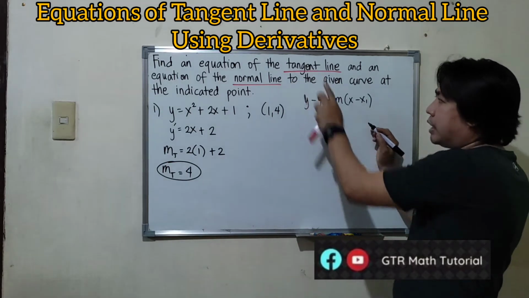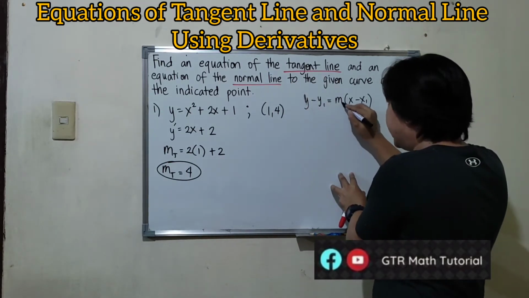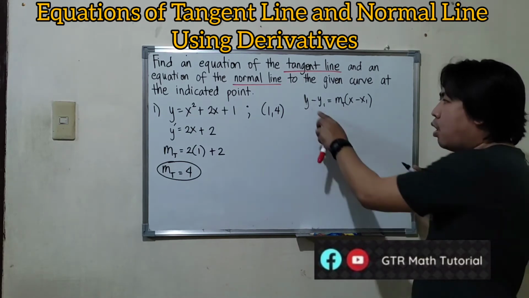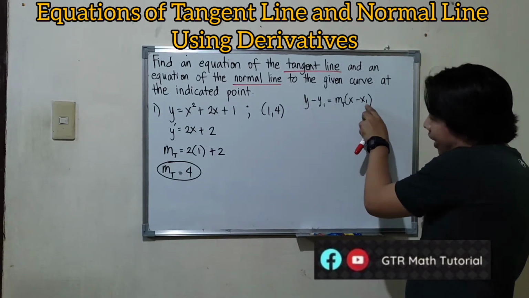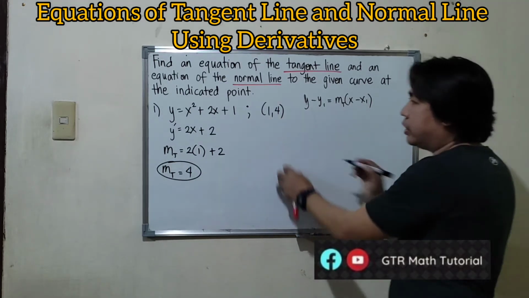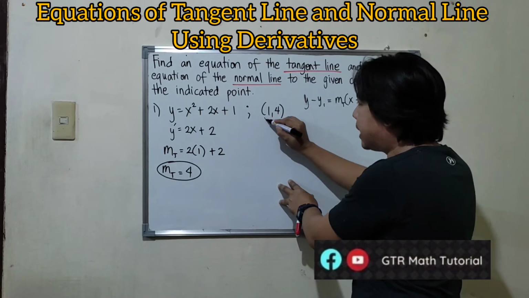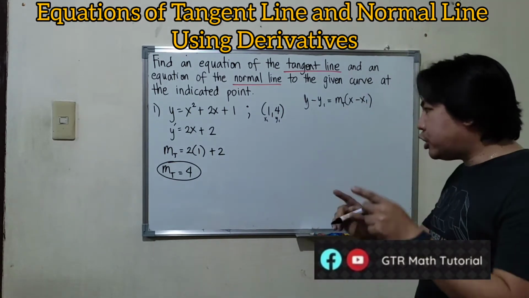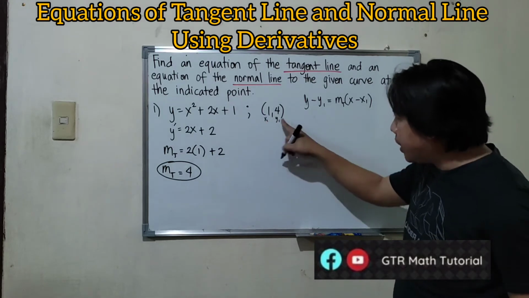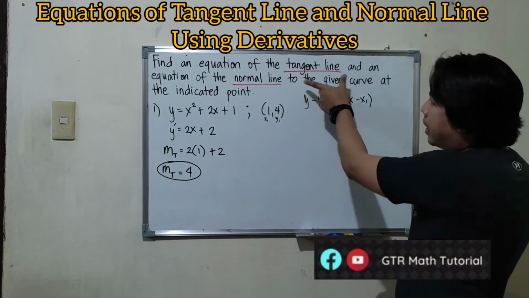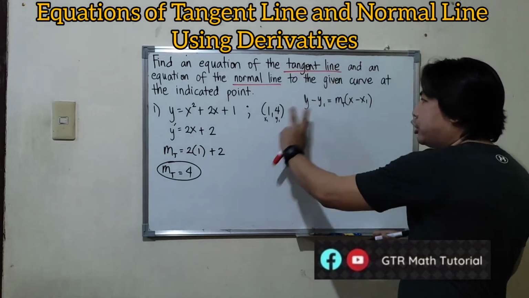For the equation of the tangent line, we use the slope of the tangent line, with subscript t. In this example, the given point 1, 4 gives us x sub 1 and y sub 1. So we have x sub 1, y sub 1, and a slope of 4. Just substitute the given to solve for the equation of the tangent line.